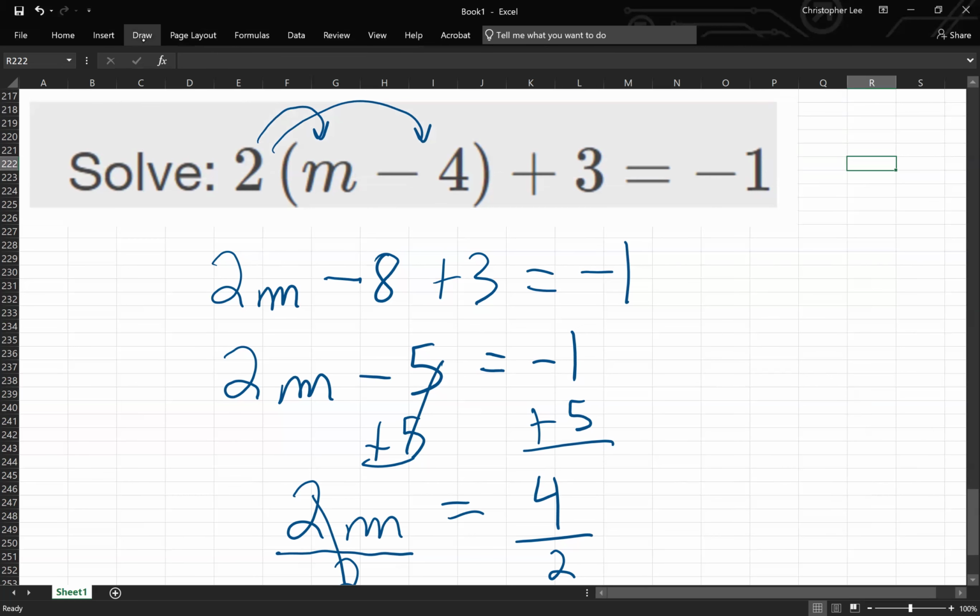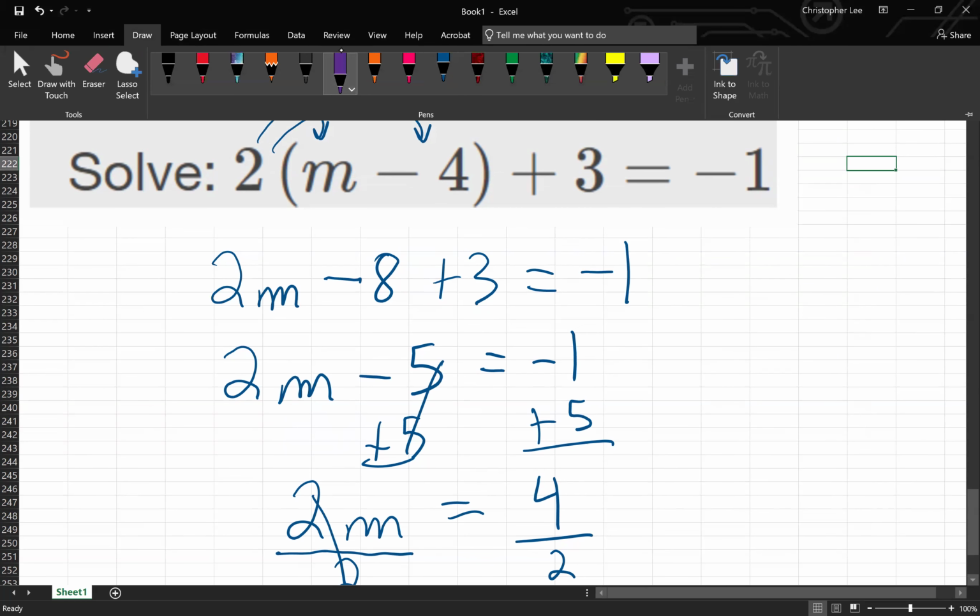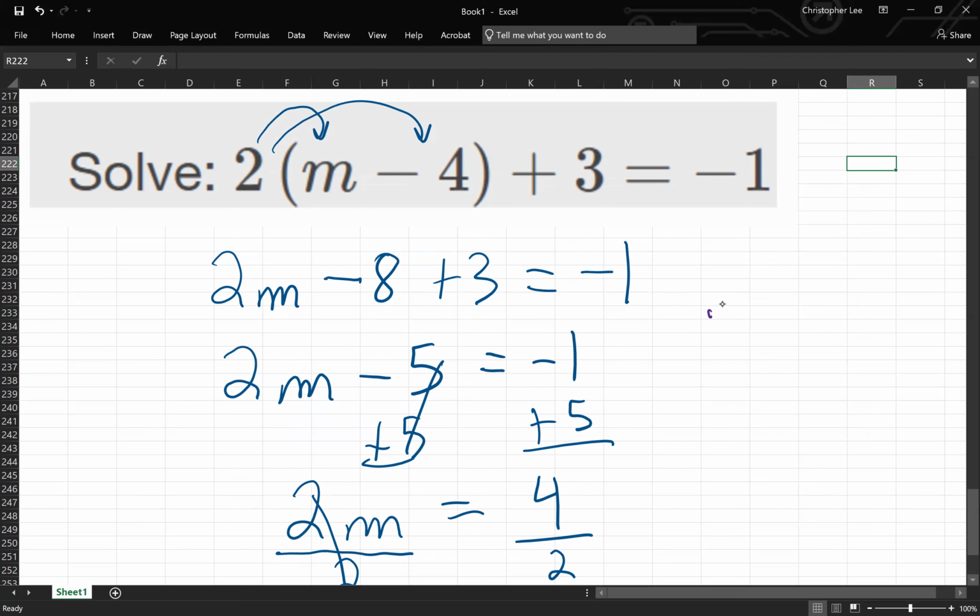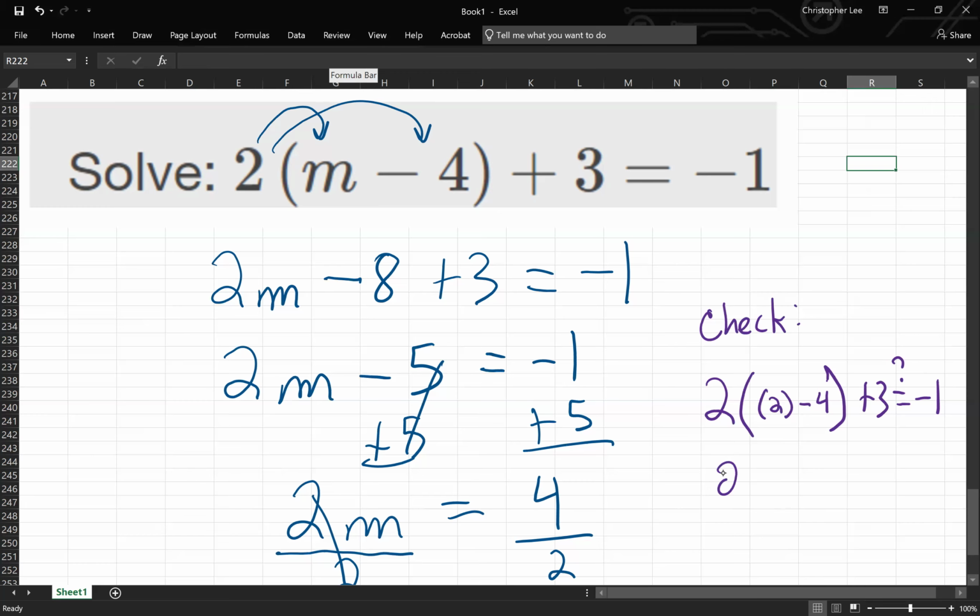Just real quick, let's go over the check. So, 2 parentheses 2 minus 4, plus parentheses plus 3. And then, so that makes it a minus 2. Good.